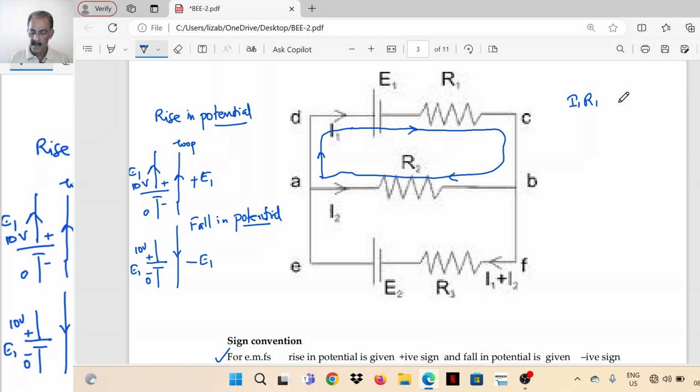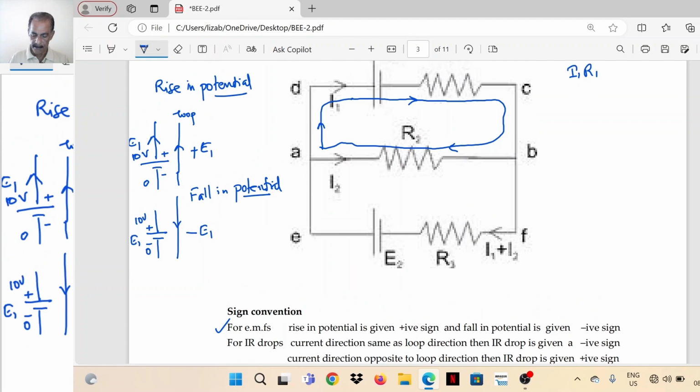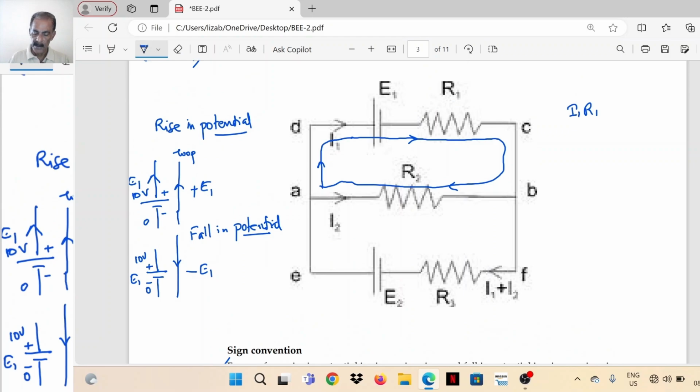So what is the sign to be given to I1 R1? If current direction is same as loop direction, then it is a negative sign. In this case, current is from D to C. The loop is also from D to C. Both are of the same sign. So this should be given a negative sign.